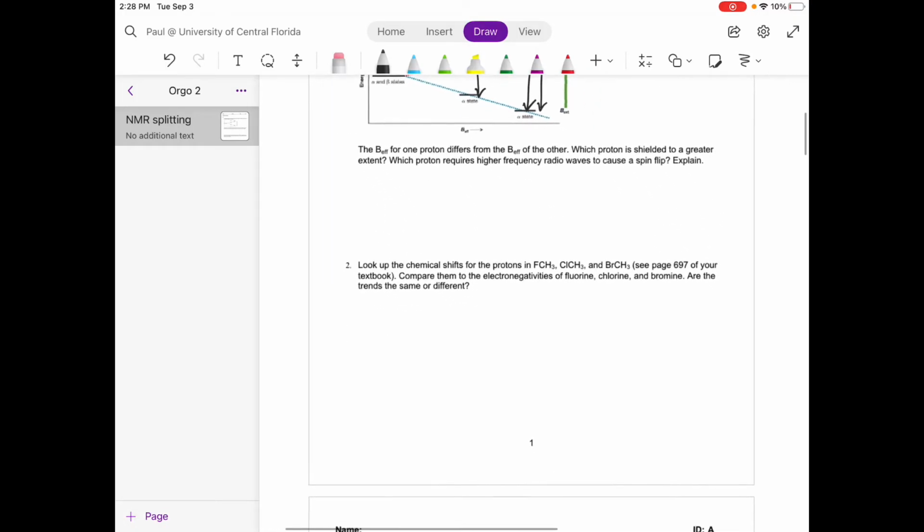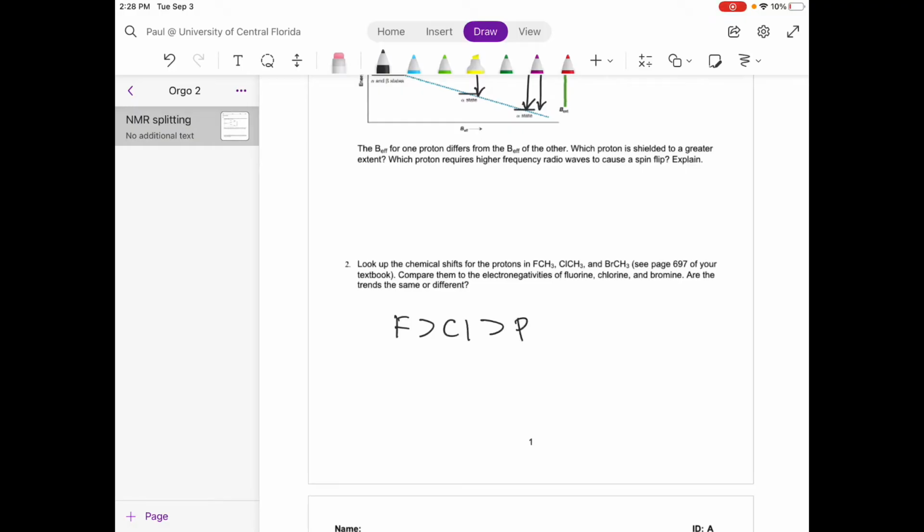So question 2, look at the chemical shifts for protons attached to the fluorine. So what you're going to see is the electronegativities of the halogens. The electronegativities are going to get larger, so it's something that you recall seeing from Gen Chem.